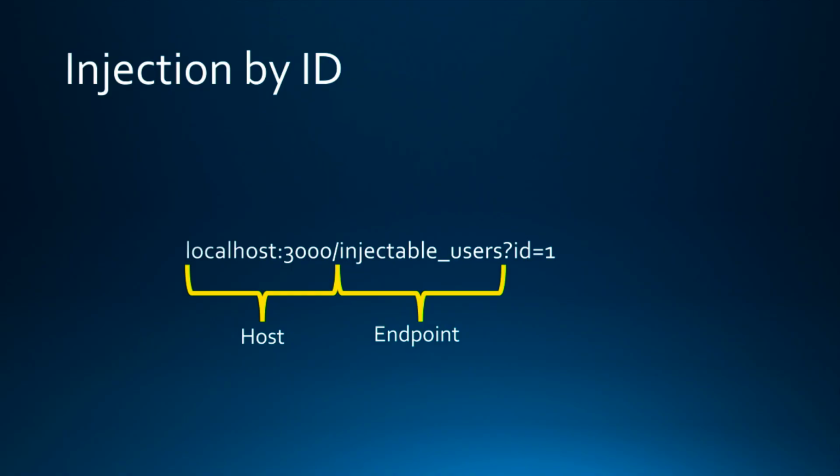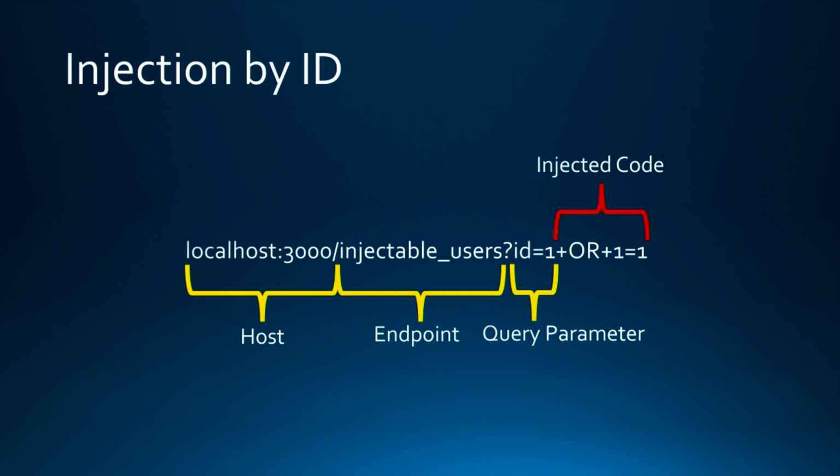So that's all great. So now we can look at what it actually takes to do an injection, just like I said, through Postman. So we've got our host, and we've got our endpoint, and we've got our query parameter. We know that query parameter is injectable because I told you it was. So what we can do is we want to add that OR block, and we want to have a true statement that always qualifies as true, right? So in this case, if we pass this in, we would get back all the data, because our qualifier is when the ID is equal to 1 or when 1 is 1.